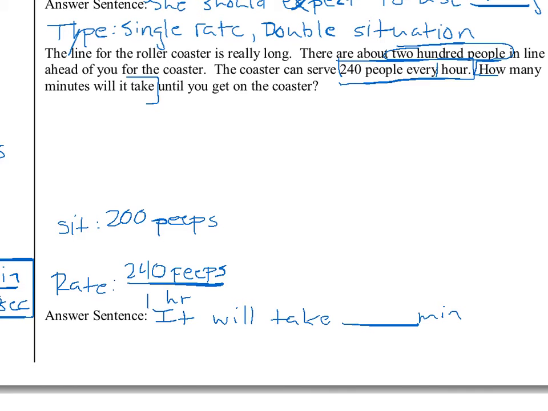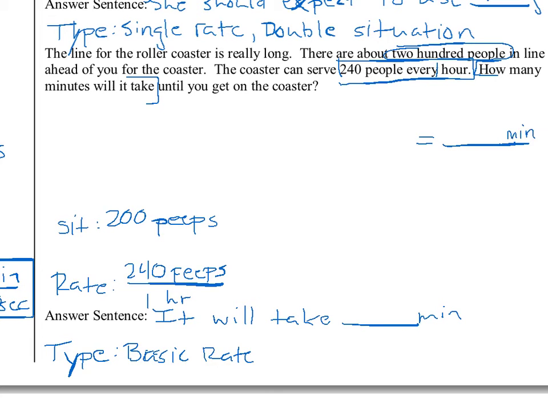So here it looks like how many situations and how many rates? 1 and 1. So that means if it's 1 situation and 1 rate, that makes this a basic rate problem. Right? So looking at this, I need to find out how it will take him blank minutes.